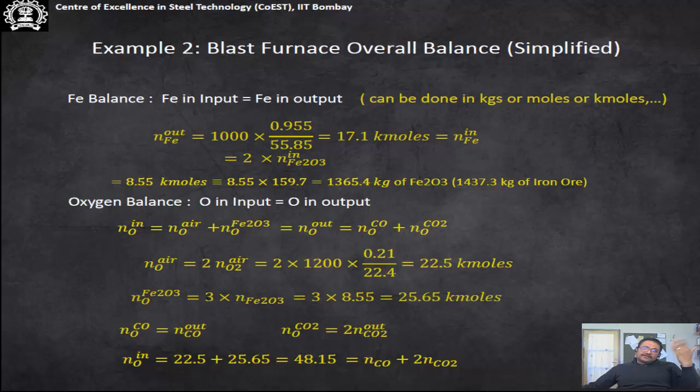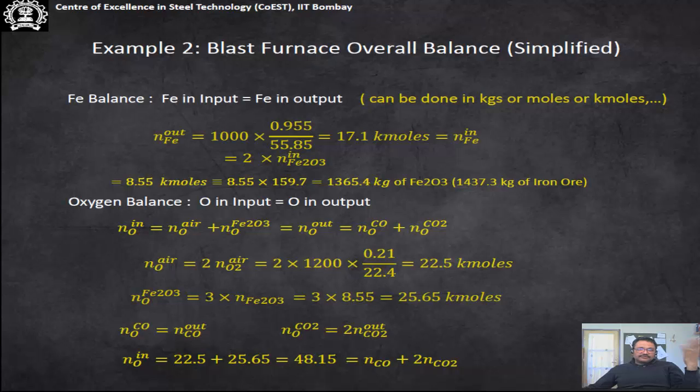Basically, oxygen from the furnace escapes as CO or CO2 through the gas phase. All the oxygen reacts, so there is no oxygen in the output gas. It will be in the form of CO, CO2, or in other cases even H2O if hydrogen is there. In the present case we have only CO and CO2.